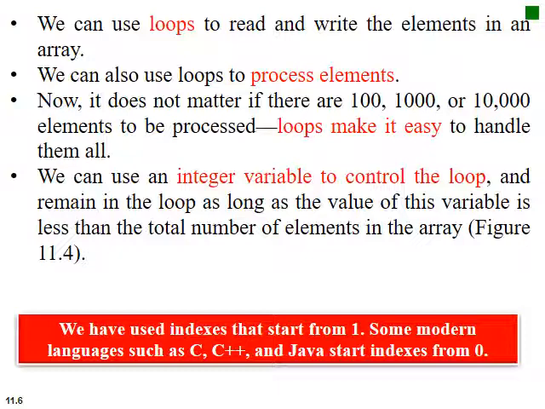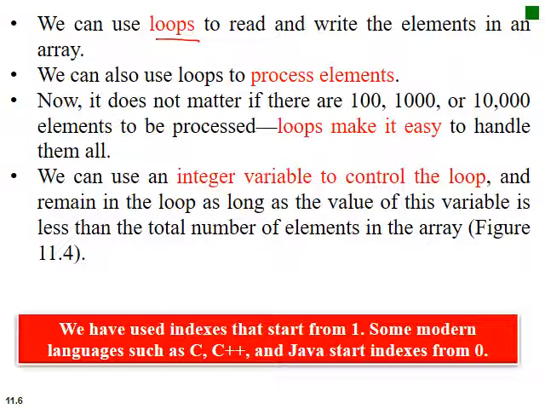Now we can use an efficient way to try and read through all the elements, and the way we're going to do that is with a loop. So you've already learned in chapter 9 about for loops and while loops, and we've even done it in an earlier chapter as well. So a loop we will use to read and write to the elements.